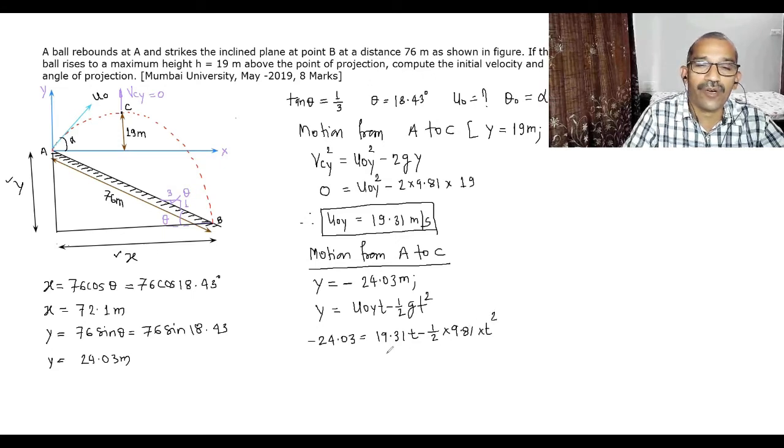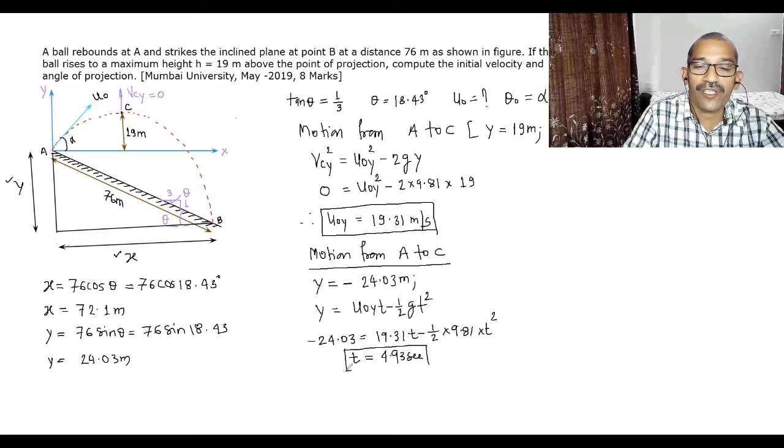So we will get a quadratic equation in terms of time t. Using this, if we find time t, this t value comes out to be 4.93 seconds. Time is 4.93 seconds.